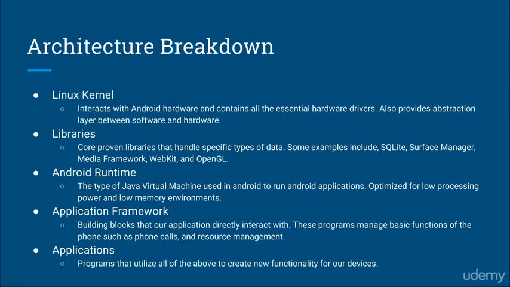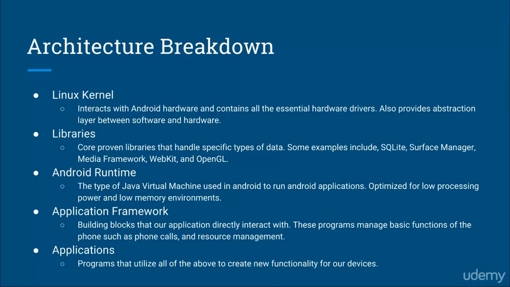Well, Android has taken a specific Java virtual machine that's optimized for low processing power and low memory environments, which is really good when we're dealing with mobile devices, right? Because with mobile devices, we don't have a lot of processing power and we don't have a lot of memory, right? So they grabbed a custom virtual machine and bundled it with Android to make it more efficient.